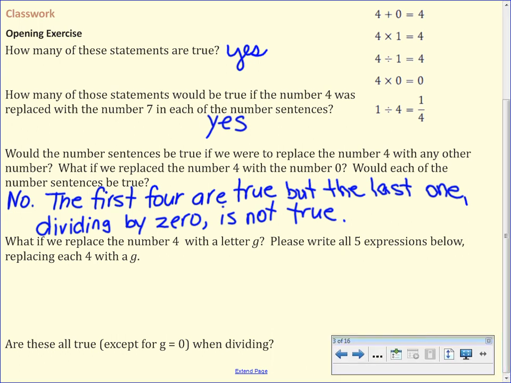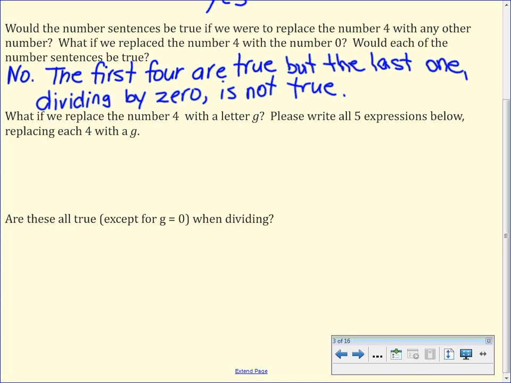Okay? So we have G plus 0, and I get G again. G times 1 gives me G again. G divided by 1 gives me G again. But G times 0 gives me 0.